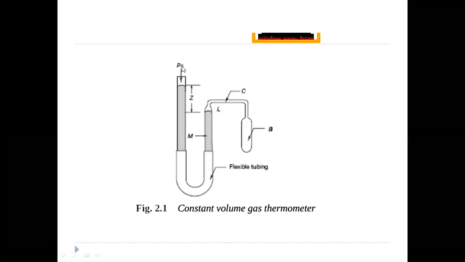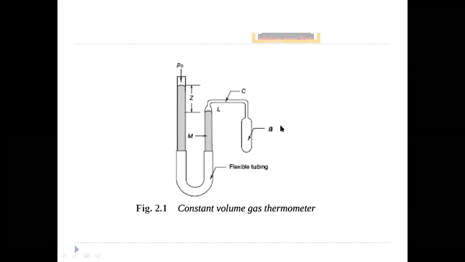Here P0 is the atmospheric pressure acting on the open side of the manometer, and we will move this limb such that the level of the mercury just touches this capillary tube C. Then the height difference between the manometric fluid is taken as Z. M represents the manometric fluid, which is mercury, and this is a flexible tube, because if you move this limb, we can adjust the level between the two limbs. This is the construction of the constant volume gas thermometer.